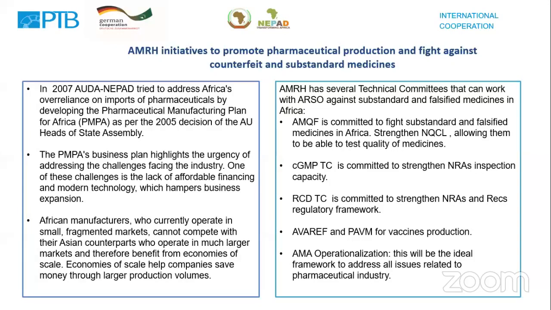To address and solve all these issues, African governments and the African Union should take courageous actions. African governments should make a strong political commitment to support the private sector.